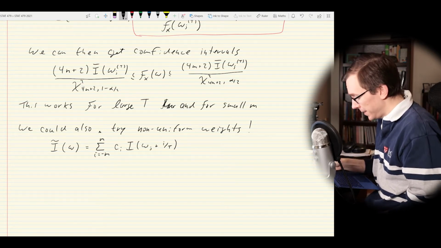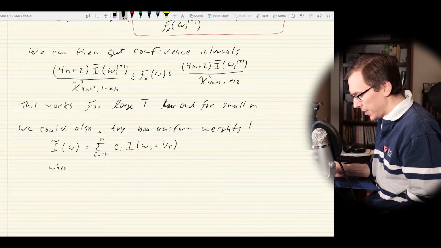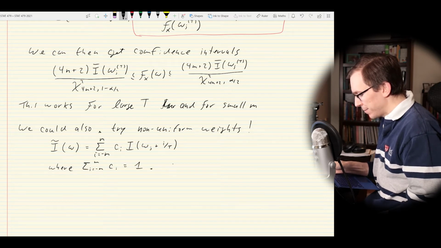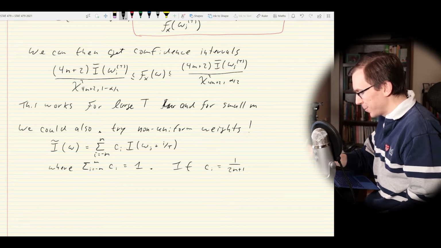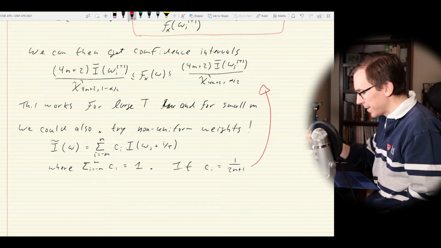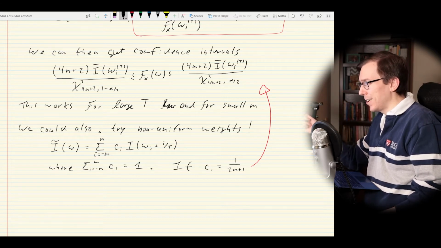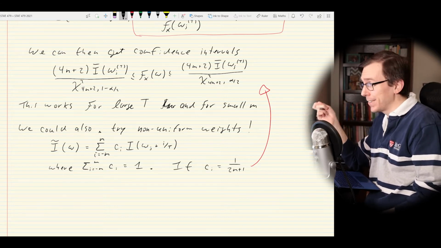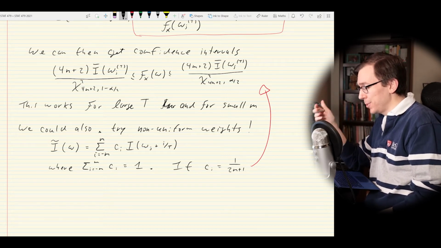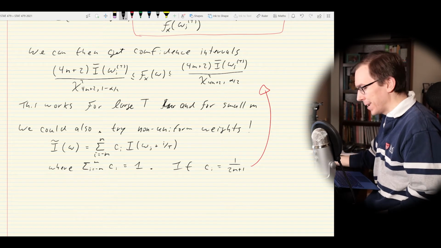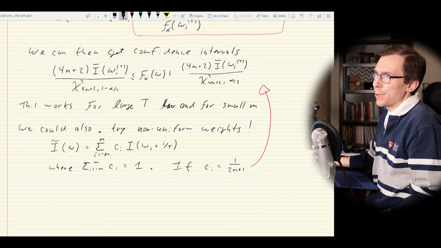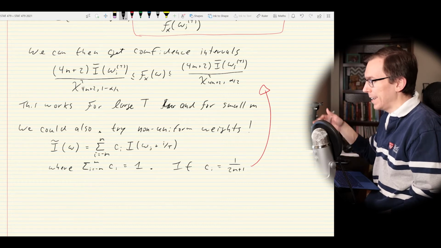Now, we also need the coefficients c_i to sum up to 1. So if c_i is just equal to 1 over 2m plus 1, then we're back where we were up here. But the point is we could choose c_i that are not all the same value, and that gives us a different way to get a weighted average of the periodograms for banding.